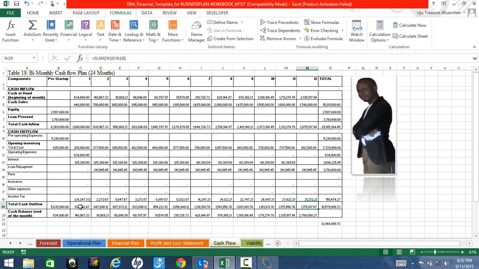Now from the first 2 months to the last 2 months is what we're looking at here. Let's see. When you click on this, C19, this is C. Can you see that? 19 down to this. This is N19. So that was how we got this value. That means this value implies the total cash outflow from the first 2 months to the last 2 months, excluding the pre-startup.